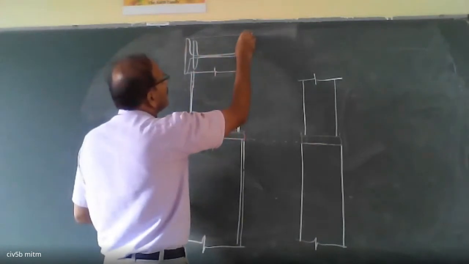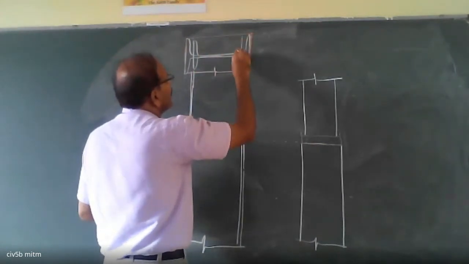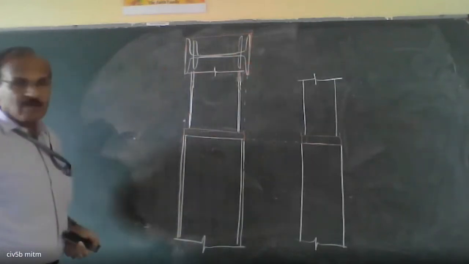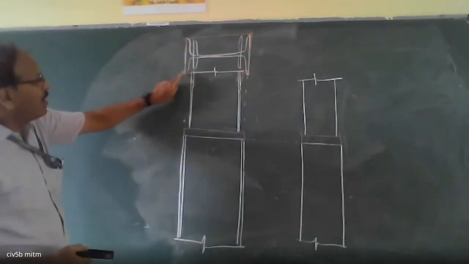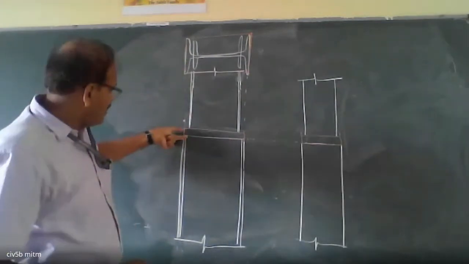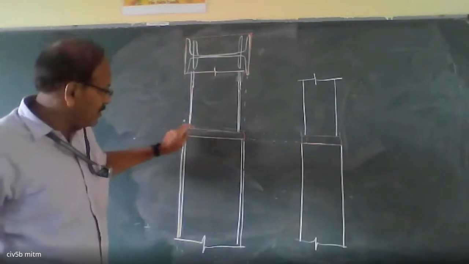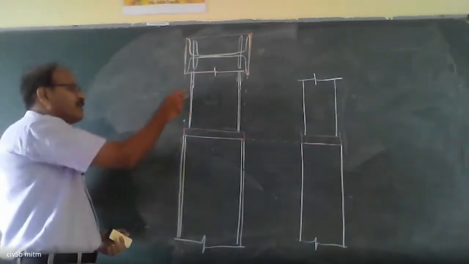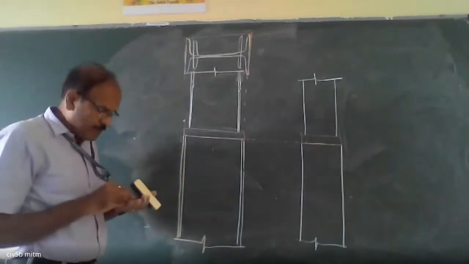From the top, of course, here I am not writing anything with dotted lines which are invisible. Okay, between this column and the lower column, there is a plate of this thickness. This is the plate we are having. Then I need to connect this and this using splice plates.